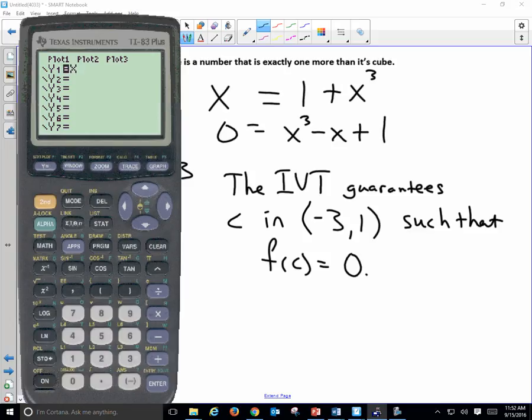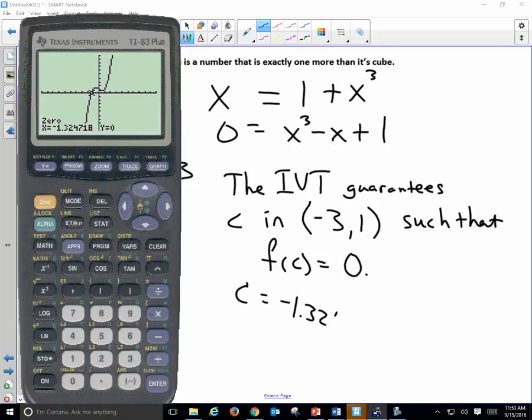X to the third minus x plus 1. I'm going to graph. I'm going to find where it crosses that 0 spot. That's the number. So does that really work?